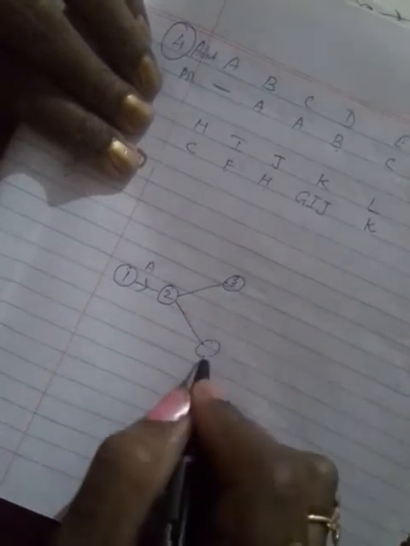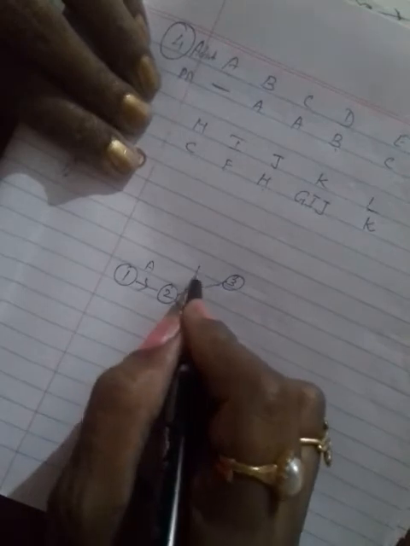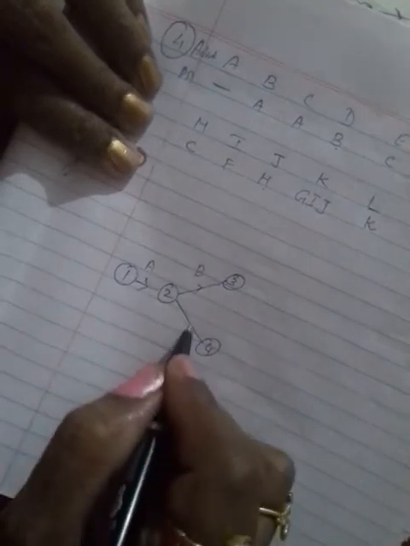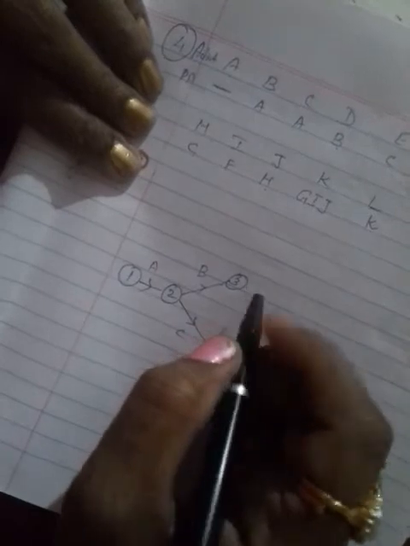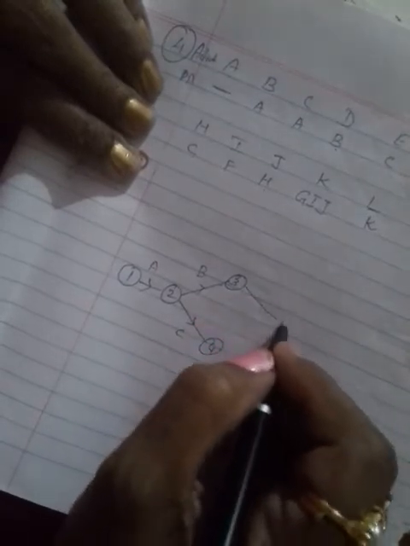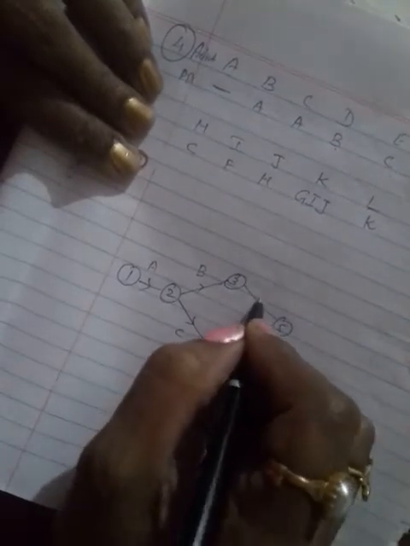This is the 3rd node and this is the 4th, and this is B. For D, B is the predecessor. Okay, so I am doing it like this. The 4th node is over now.